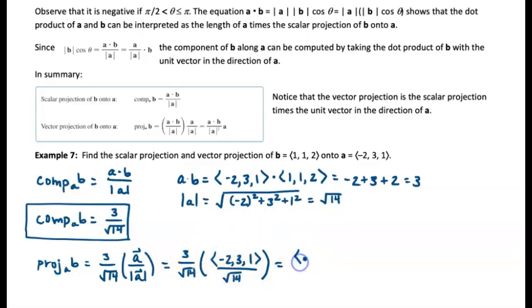So this new vector becomes -6, 9, 3, all over root 14 times root 14. And so let's rewrite this. What we're going to do is divide each of these components by 14. And this will give us -6 over 14, 9 over 14, and 3 over 14.